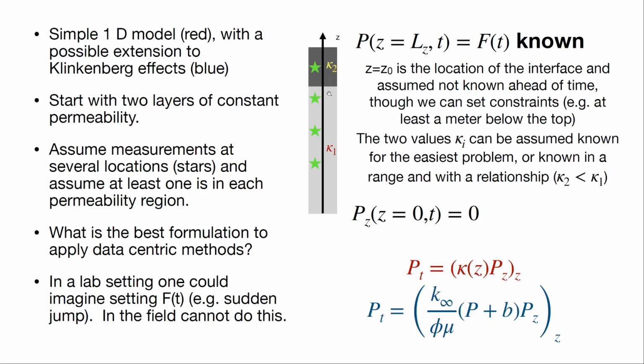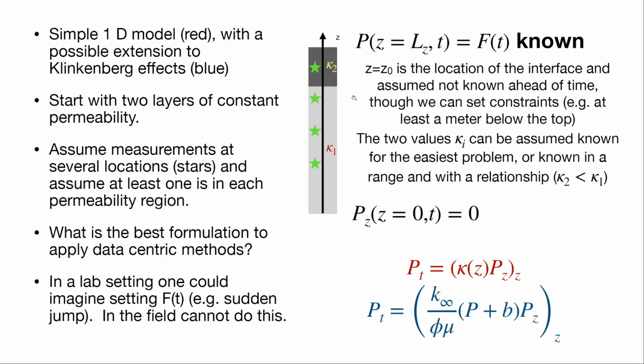We don't know any of this, but we do know the pressure at these green star locations. And so we're going to try a bunch of Z naughts and delta kappas. That's going to be our parameter space, a two-dimensional parameter space. The difference between these kappas and the location of the Z naught are the two parameters we're considering.